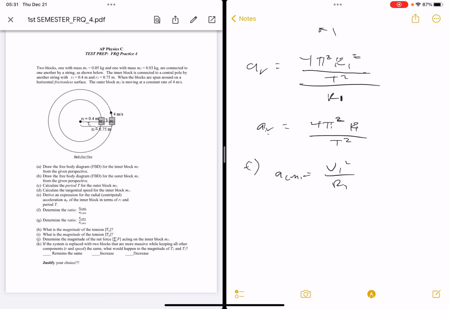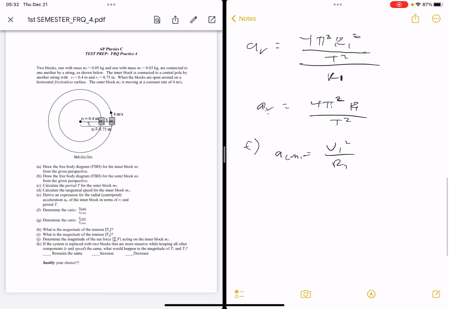And we found V1 earlier to be 2.1335, so that's just equal to 2.1335 squared over 0.4.